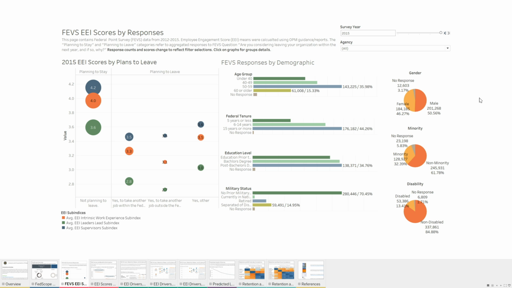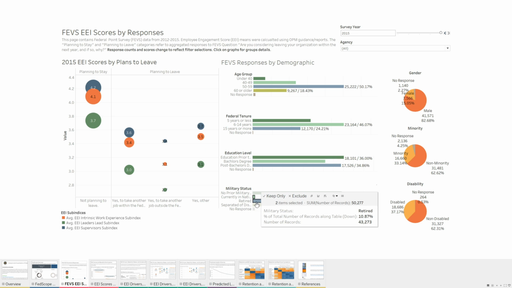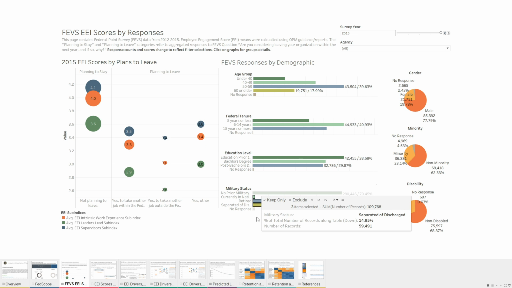So the overview can be helpful, but here's especially where some people need to dig deeper. So I'm going to go ahead and click on the veteran and military workforce. If we look specifically at our active military and veterans, we can pinpoint some areas of interest. Here we see vets say that they're planning to leave here, right?